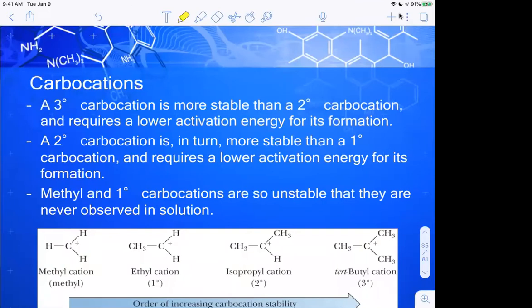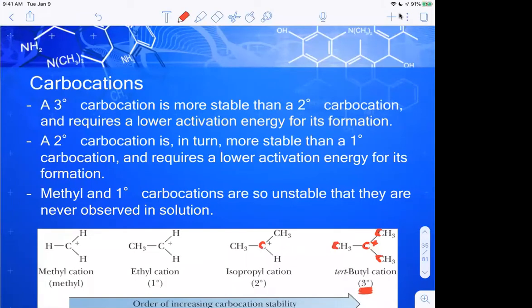I can have various types of carbocations. These carbocations actually are going to correspond to, remember we had tertiary alcohols, tertiary amines. When I have a carbocation and I have 3 carbon groups attached to that, that is going to be tertiary.